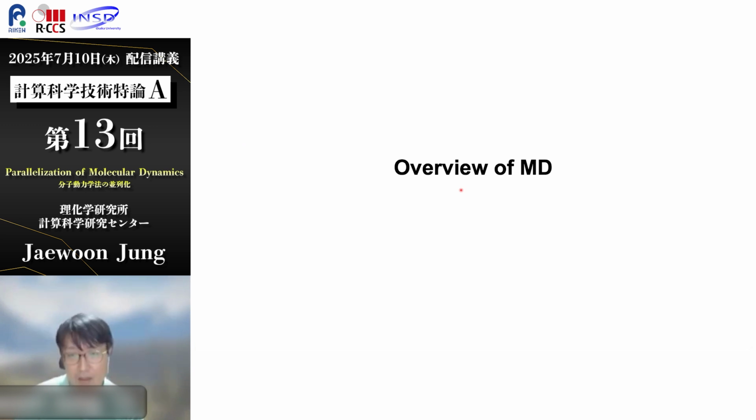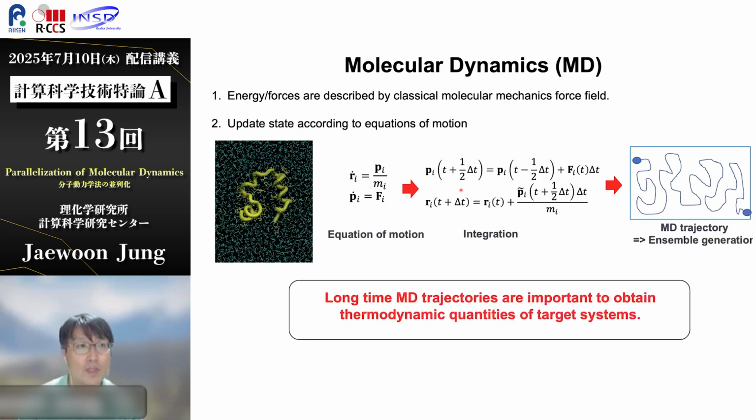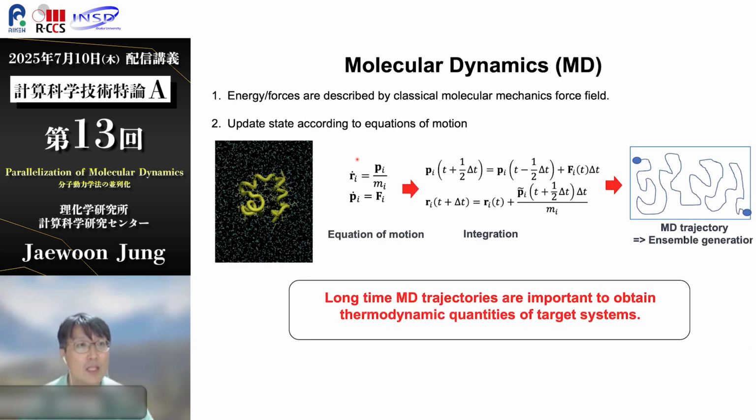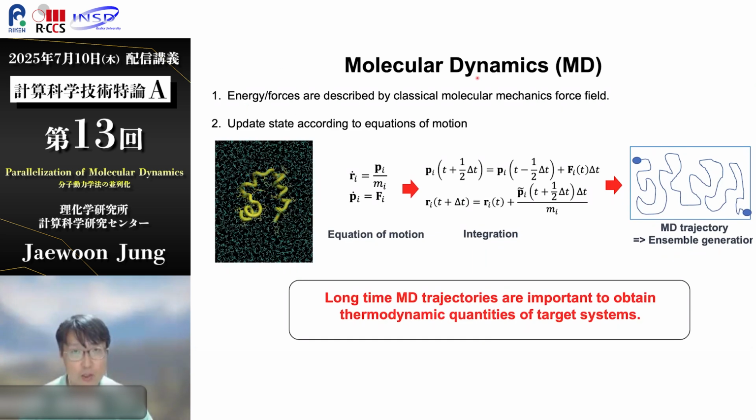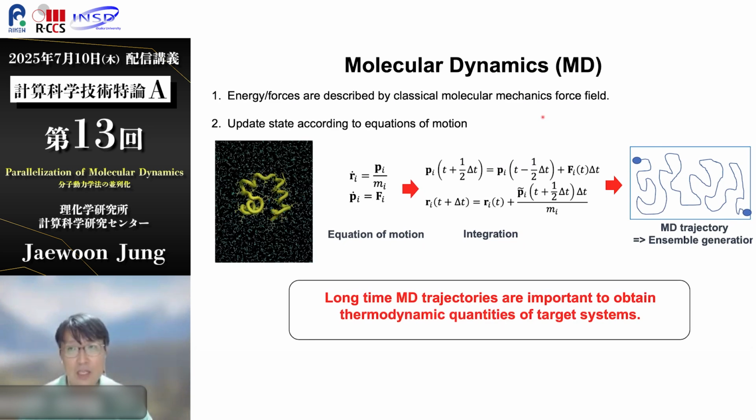Today I talk about the parallelization of MD. First of all, I think it's better to describe the overview of MD. In MD, we first evaluate energy and force. For every particle, we assign the parameter, which is named the force field. Using this force field, we obtain the energy and force, and we integrate the equation of motion.